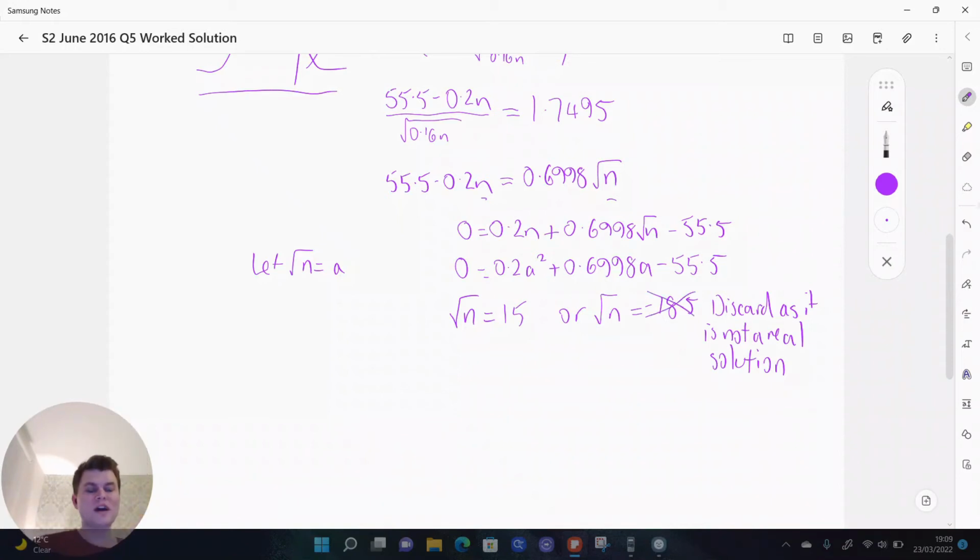So cross through that. We're going to discard that one, and we're just going to work with root n being 15. So therefore, n is 225.